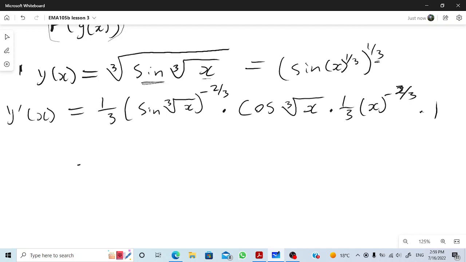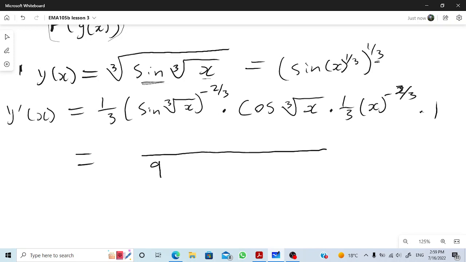Okay, since this is a negative exponent, it goes to the denominator. Firstly, let me start with this one. 1 over 3 times 1 over 3 is 1 over 9, so 9 will come to the denominator. This is a negative exponent, so it will come to the denominator.